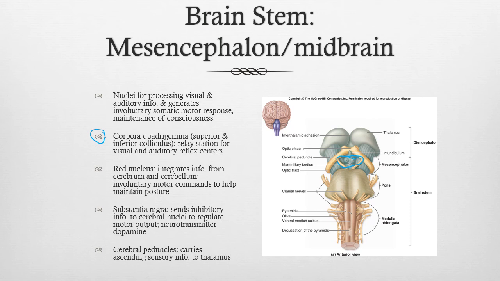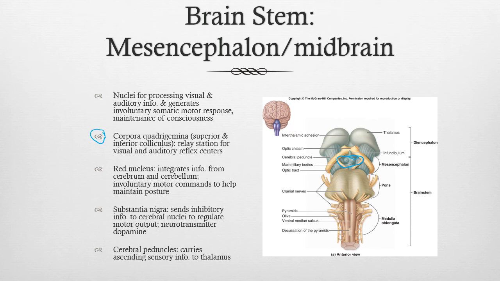And so within the red nucleus, this is going to control motor commands that are essentially unconscious for postural control. So kind of like keeping your head above your shoulders, above your hips, and your hips above your feet. If you're just standing, you don't think about the tiny little motor control changes that have to occur in order to keep you from falling over.